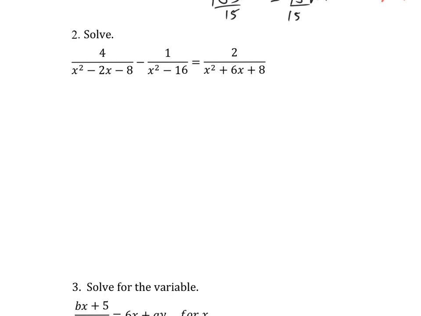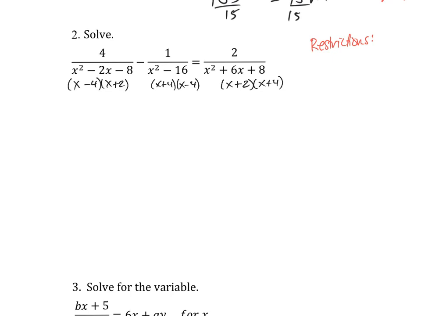Okay, here I'm going to factor that denominator just to be able to see what I have in the denominator, and then it can help me figure out what the common denominator would be. So let's see, 2 and 4 here. All right, so factor. Now I'm going to go ahead right now, since it's factored, and figure out what those restrictions are.